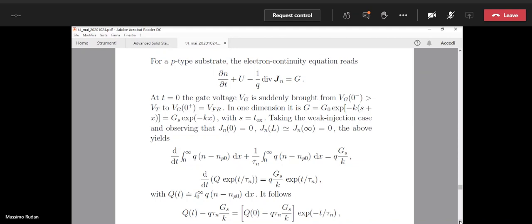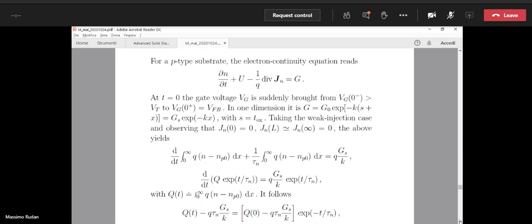Now, what happens to the divergence of Jn term? First of all, it becomes one-dimensional. So the divergence of Jn becomes the derivative of Jn with respect to x.